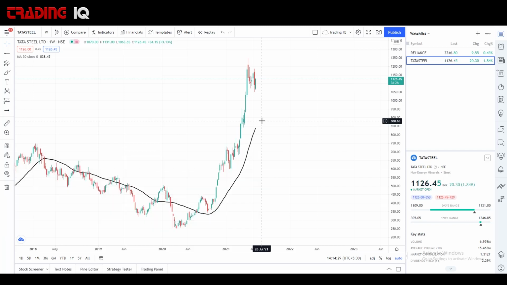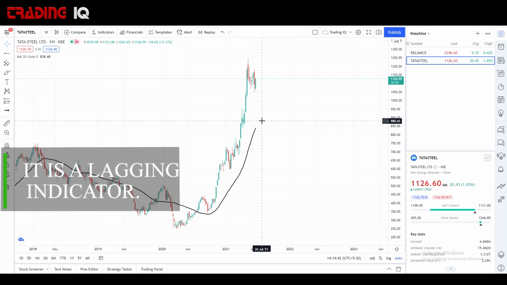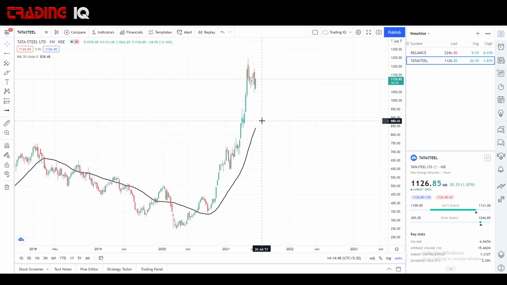So the moving average, for the 30-week moving average, is the average price of the past 29 weeks. And it is a lagging indicator. Lagging indicator means that it runs slow, but you get a fair idea of the current average, like where it is right now.